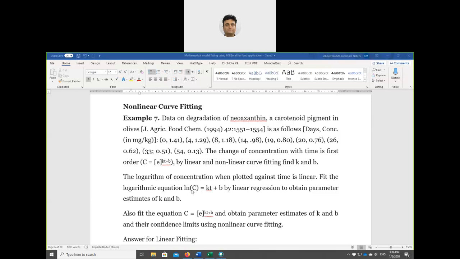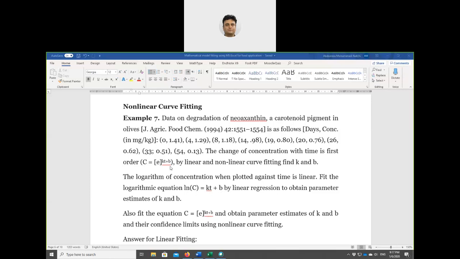Then we have ln c equal to kt plus b. Instead of drawing concentration and time, if I draw ln concentration over time, we have a linear regression, and we find k and b.